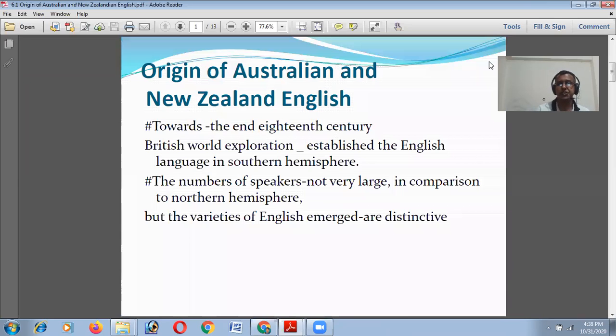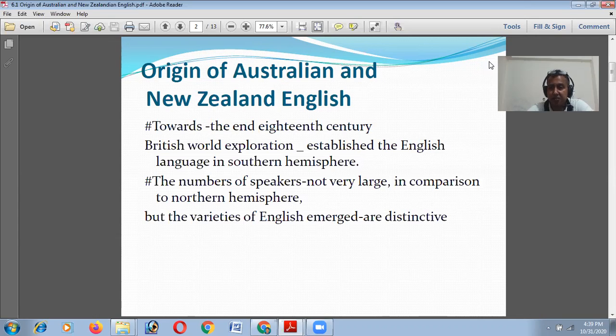In that case, first of all, we will see that towards the end of the 18th century, British world exploration established the English language in the Southern Hemisphere. The number of speakers is not very large in comparison to the Northern Hemisphere, but the varieties of English that emerged are distinctive.